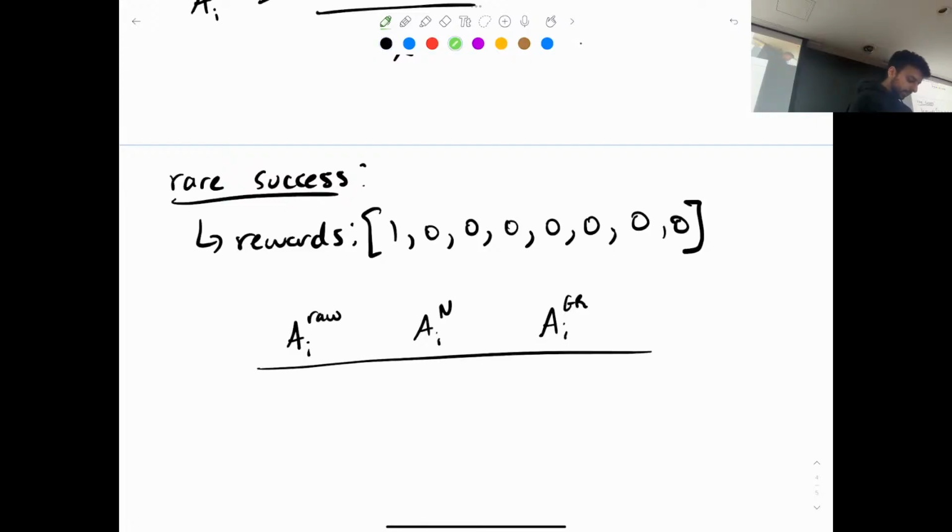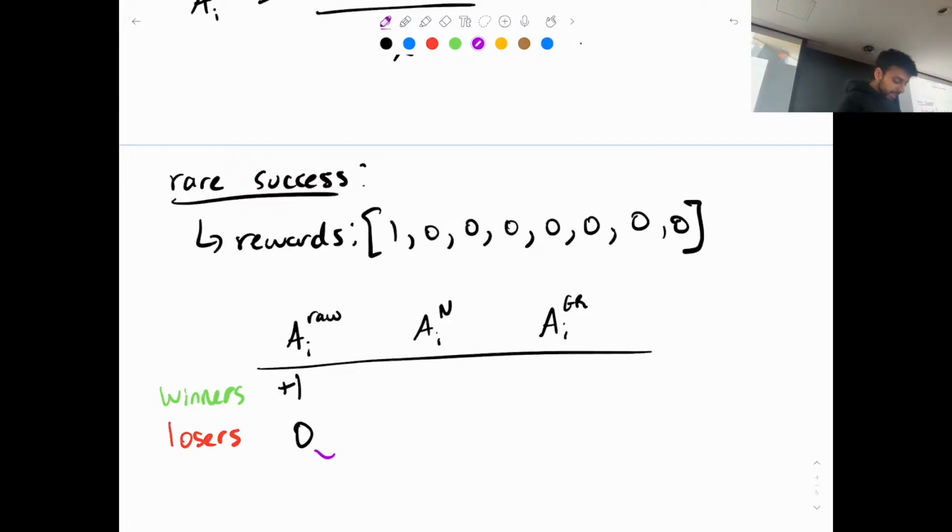And here we can track the winners, what they receive, and the losers, what did they receive. So here, we only have one winning rollout, which is the very first one. All the other ones were incorrect. So our raw advantage here is +1 and 0 for all of the losers.